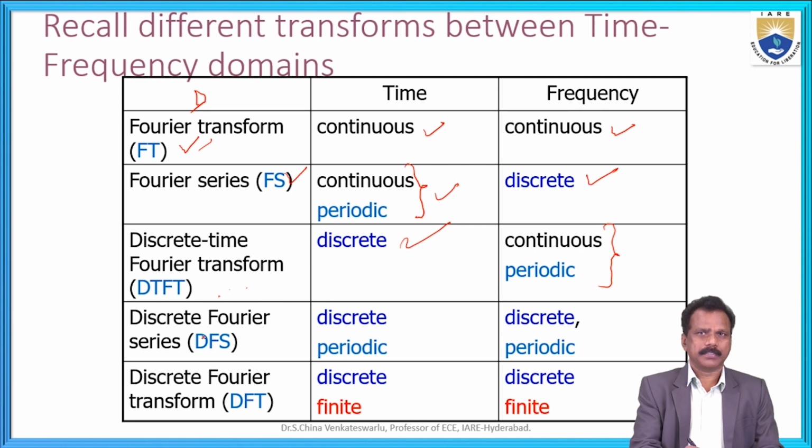Now coming to the DFS, the discrete Fourier series: the time domain is discrete periodic, and the frequency domain is also discrete and periodic. Coming to our case, the DFT, the discrete Fourier transform, is discrete and finite in the time domain and discrete and finite in the frequency domain.